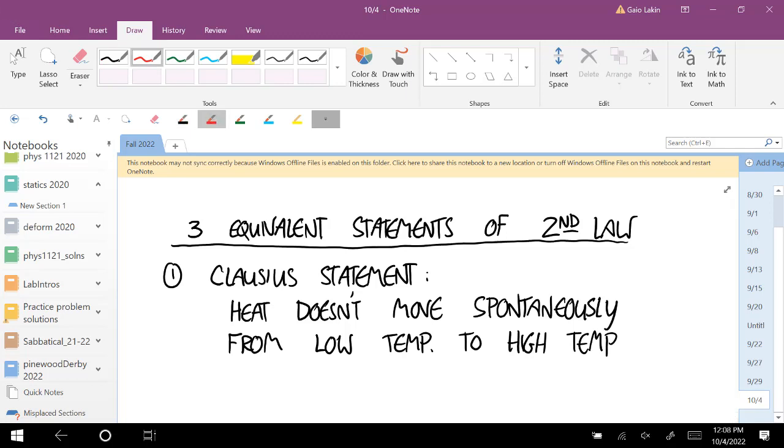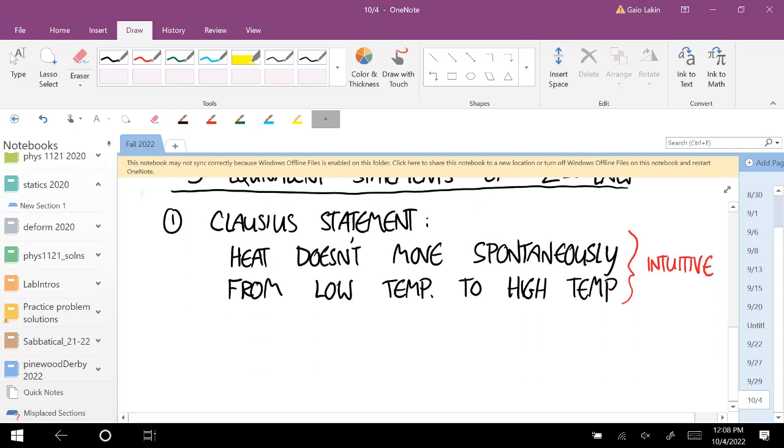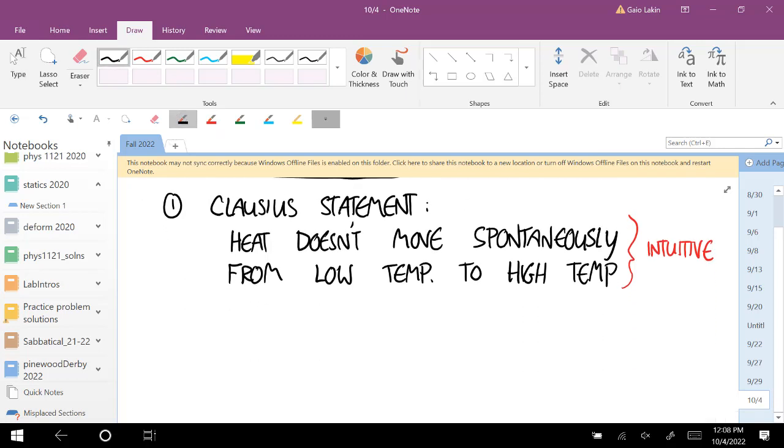This is the one that all of the second law is based on, and this is the one that's intuitive. What isn't obvious at all is that based on that Clausius statement, you can prove the second statement of the second law, which is called the Kelvin-Planck statement.